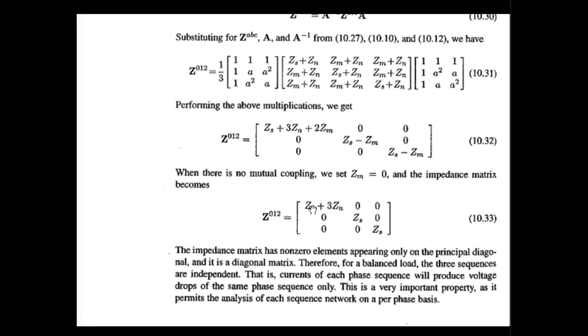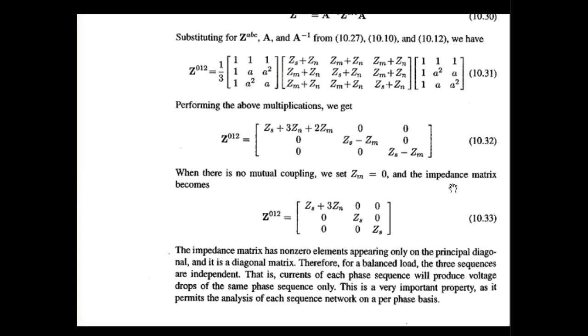Now, this is the matrix considering all the sequence components, right? Here you also have 0, 1, 2. Which one is the zero sequence, which one is the positive sequence and which one is the negative sequence? Can you identify?